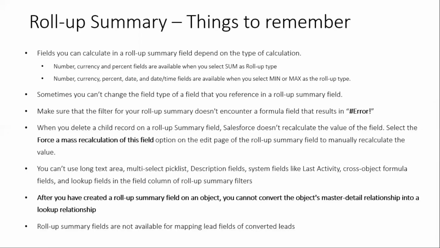Additional roll-up summary considerations: the very important thing we need to check whenever we are using any formula in a roll-up summary field is that it should not encounter an error. For the count, if the value is null, we should always default this value to zero, so that it will be eliminated from your calculation.